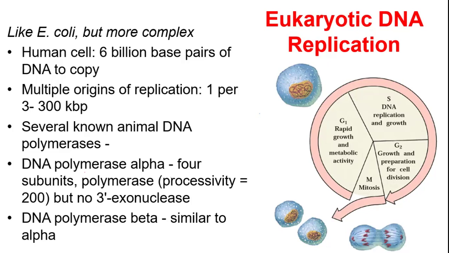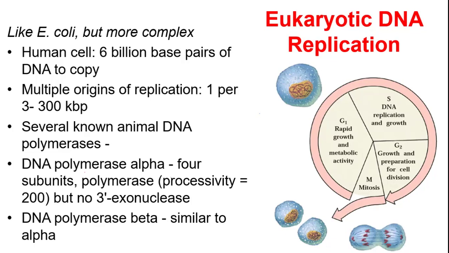Now, there are multiple origins of replication, each spaced about 3 to 300 kb apart. That is to say, one origin of replication can be found within a range of 3,000 bases to 300,000 bases. Then there are several eukaryotic DNA polymerases.